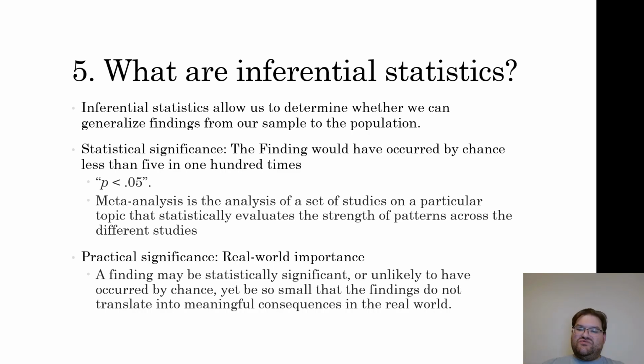Now, the second question we should ask is, okay, how effective is that new drug? What is the effect size? And that's where meta-analysis can come in, and I won't belabor that point. But let's say that the results are statistically significant, but the effect size, the real world impact, is negligible.